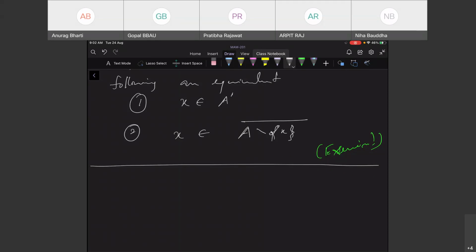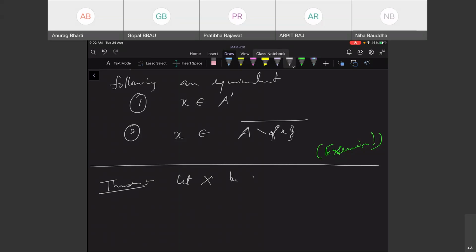This is a huge task, to take all closed sets and then find their intersection. So if we want to find the closure of a set, there is a nice way to do that. You can see that nice way in this theorem.